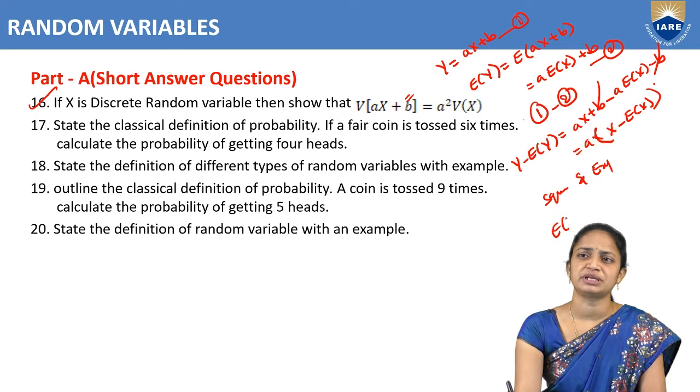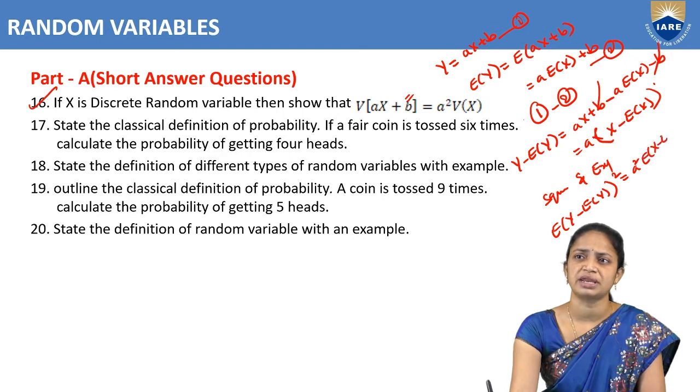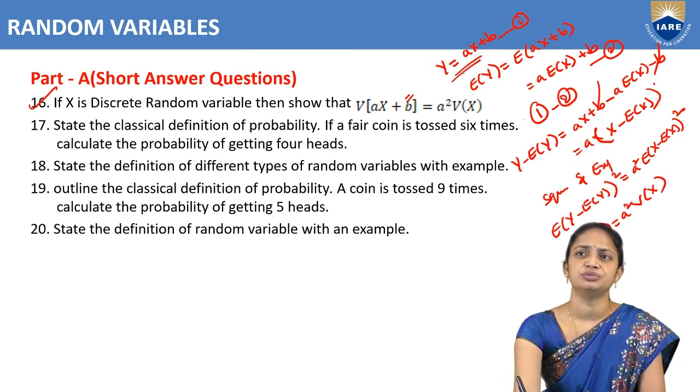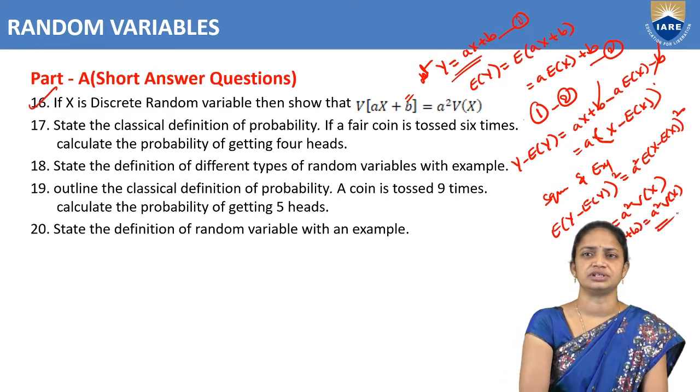Then we get expectation of y minus E of y whole square equal to a square into expectation of x minus E of x whole square. We know this is nothing but variance of y, equal to a square into variance of x. But we already assumed y equal to ax plus b. So that is why variance of ax plus b equals a square into variance of x. So that is the derivation.